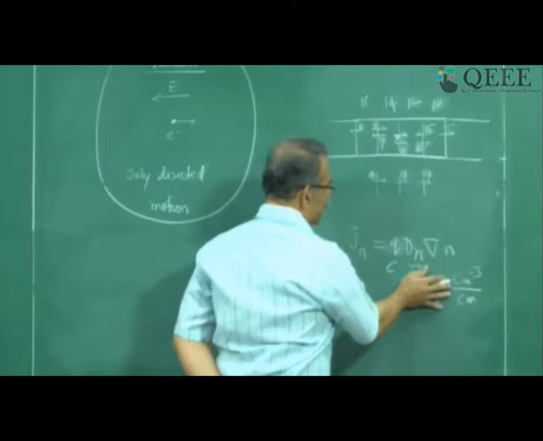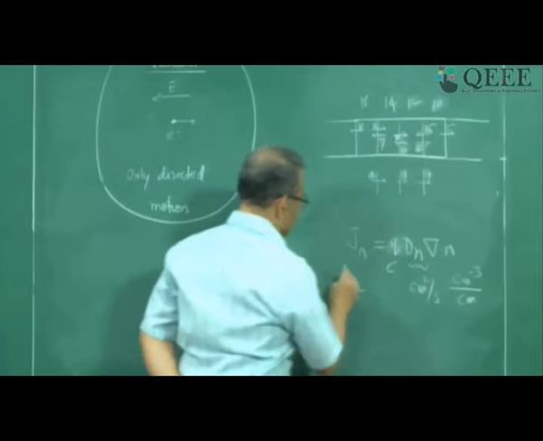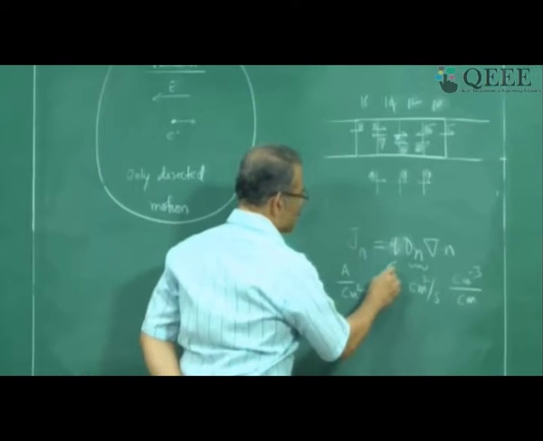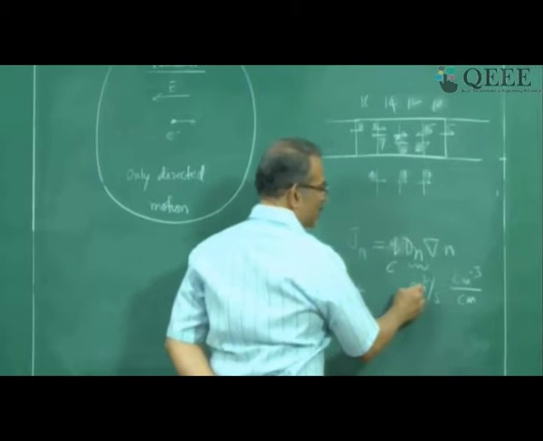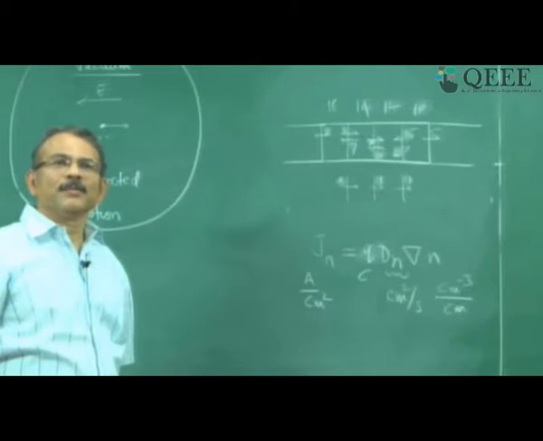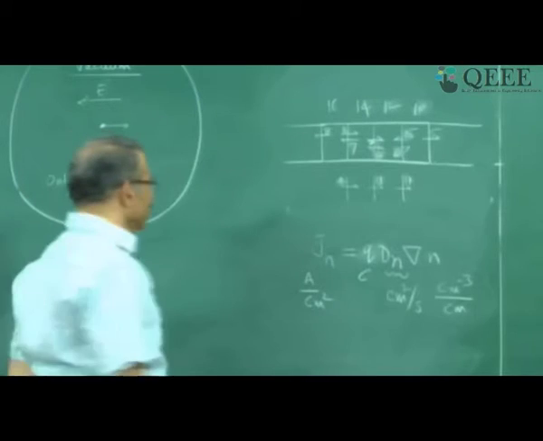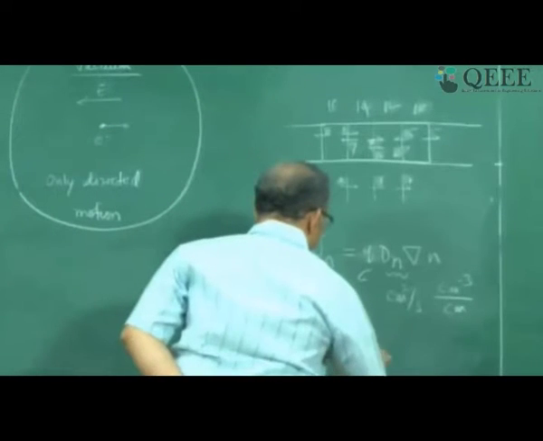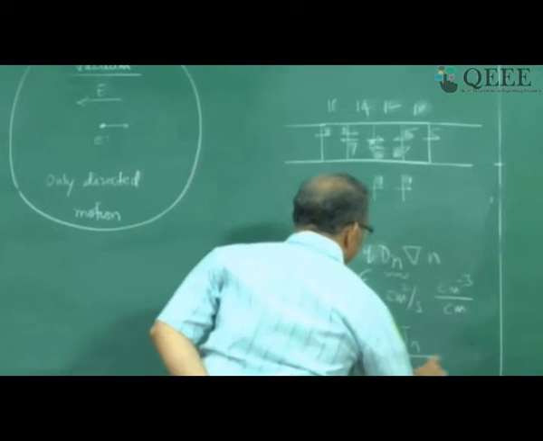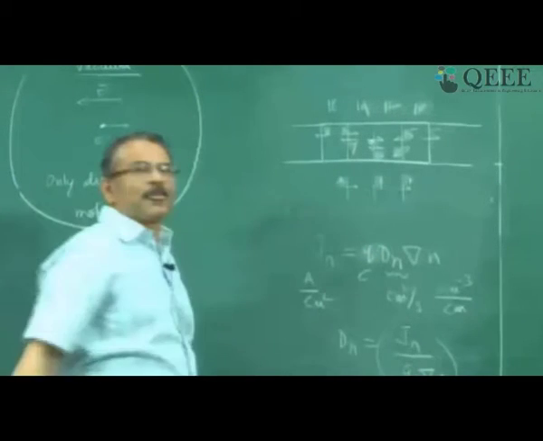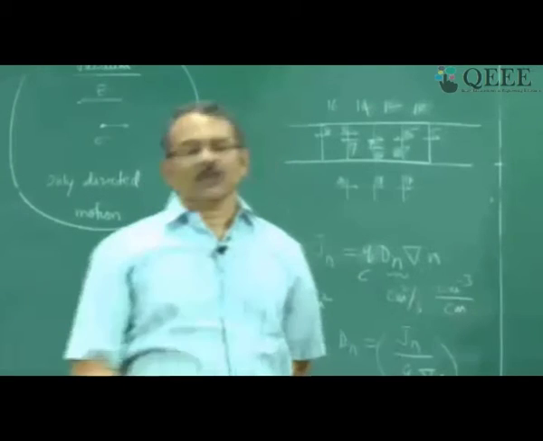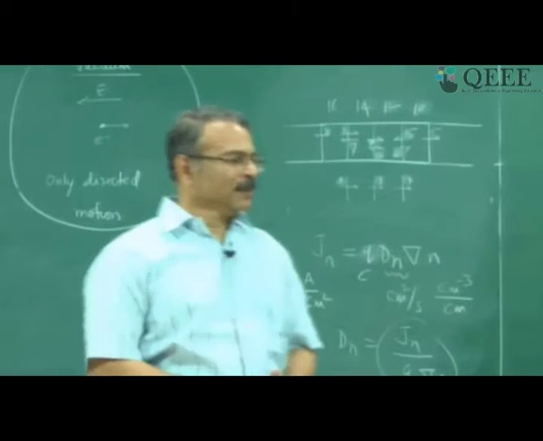You can clearly see that if this is ampere per centimeter square, this is coulomb, and this is per centimeter cube per centimeter, then this is centimeter square per second. To do that dimensional analysis, Dn is equal to Jn by q grad n. Using this you can find out the dimensions. Okay, you find out the dimensions of mobility in a similar way.